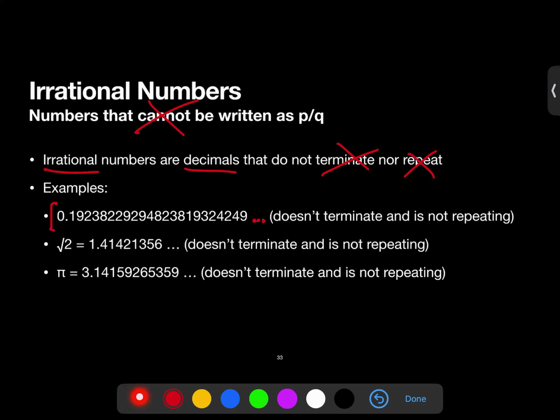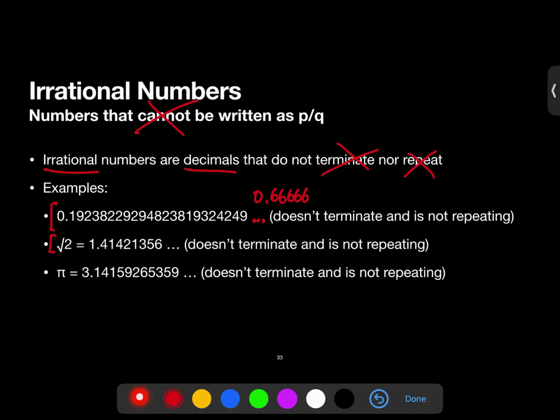So for example, a repeating decimal would be like 0.66666. There's a pattern, right? 6 is repeating every time. But here, there is no pattern. It's just a bunch of random decimals. So this would be an irrational number. Another common example is the square root of 2.